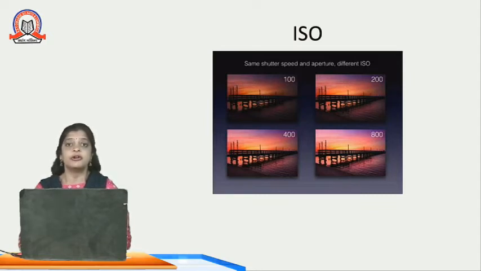For example, if they wanted to shoot sports photography, they had to use fast films because they needed to capture the movements, and when we have to capture movement, that means action, then we have to use the higher speed or the higher ISO.